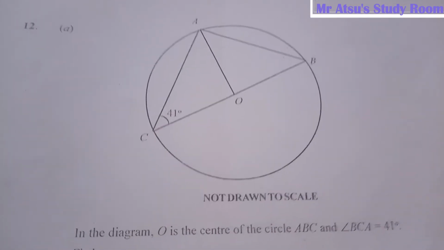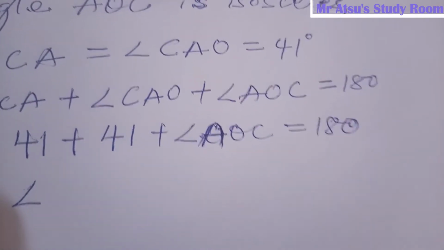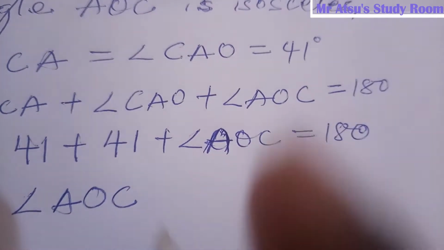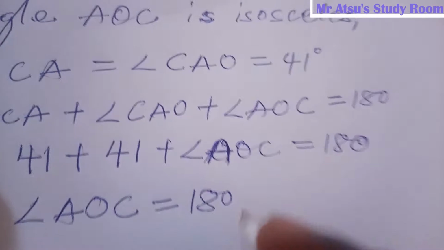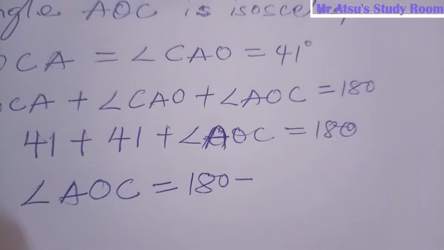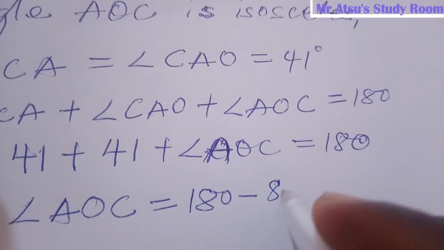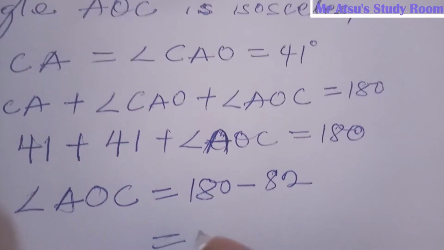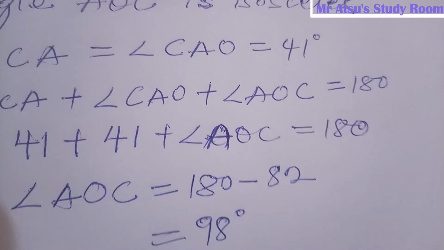So angle AOC will give us 180 minus, this is 82, and that will give us 98 degrees.